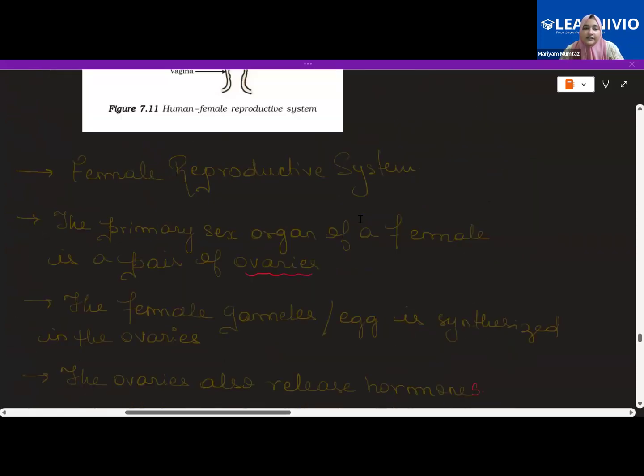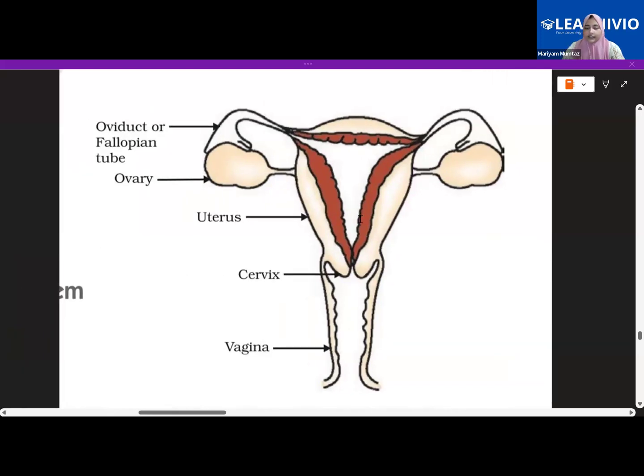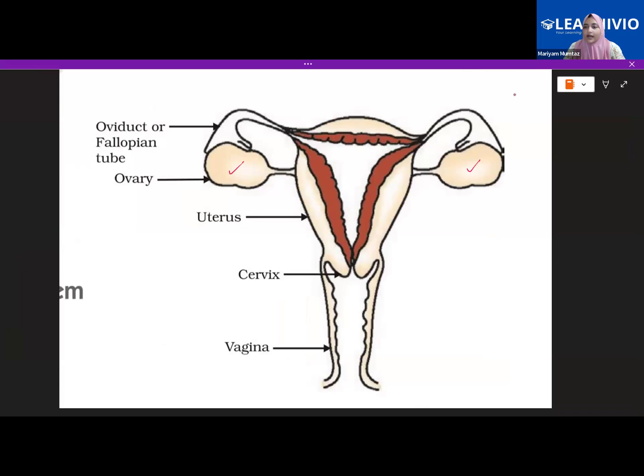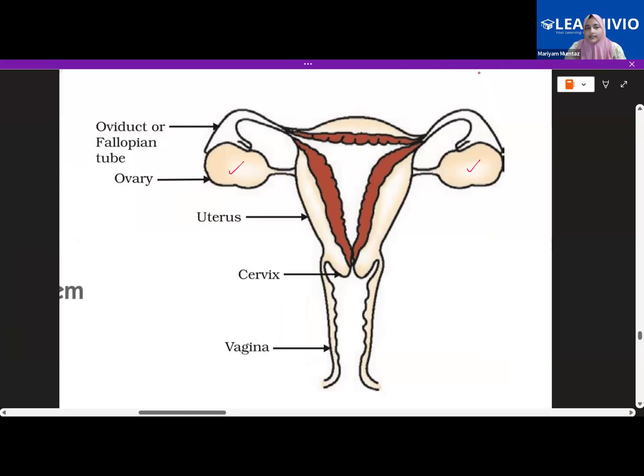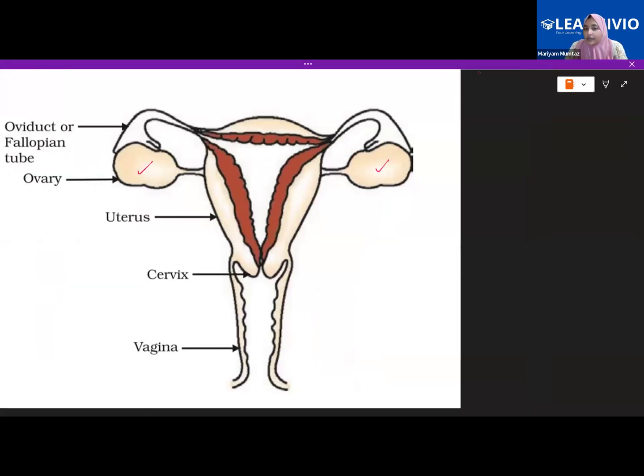Now, if you see in this picture, here you see that this structure is the ovary. Okay, the almond-shaped structures, those are the ovaries. Arising from them, this part will be called the fallopian tube on either side. Now, the fallopian tube has been divided into three parts.